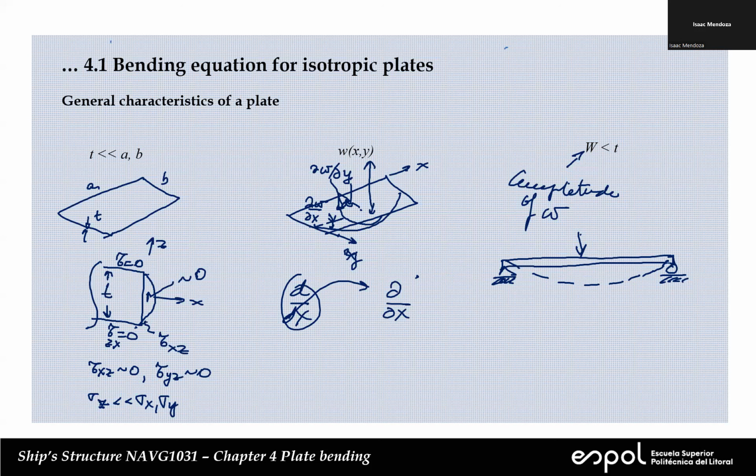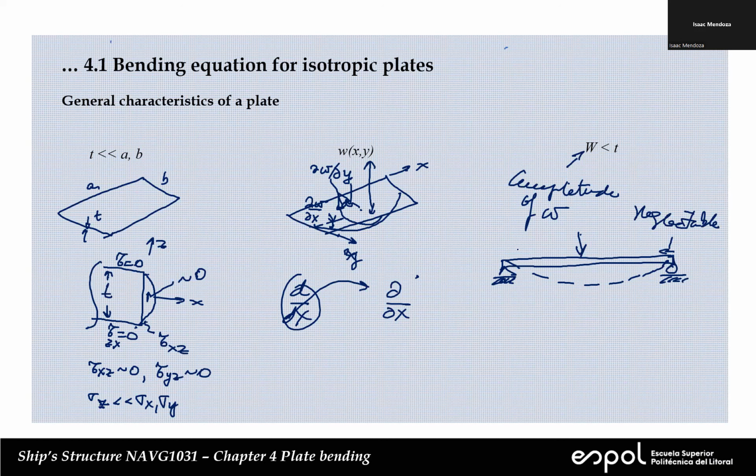What happens is that this point will try to move in the horizontal direction, right? This push here, and this end will move like this. But since we are assuming that W is very small, then this motion is neglectable.